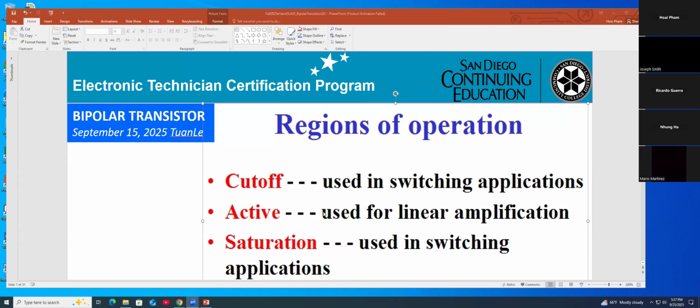Active is used for linear amplification. And last, saturation is used in switching application. Cutoff and saturation will be working together.